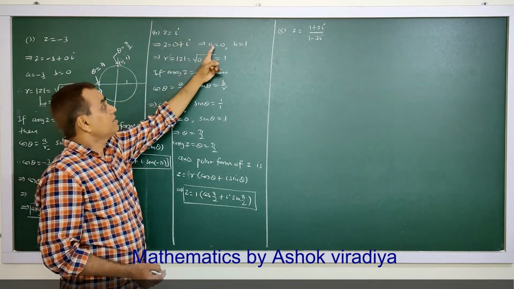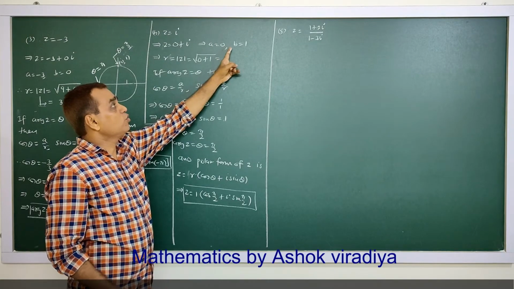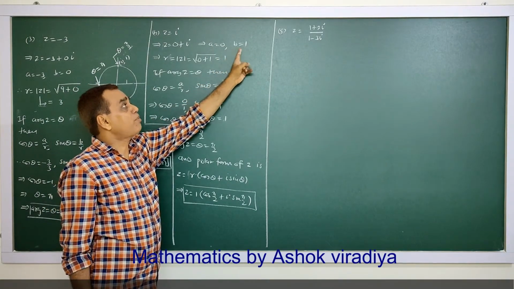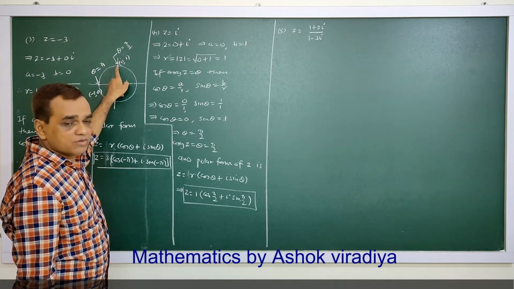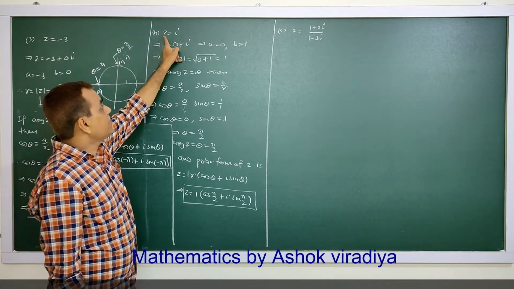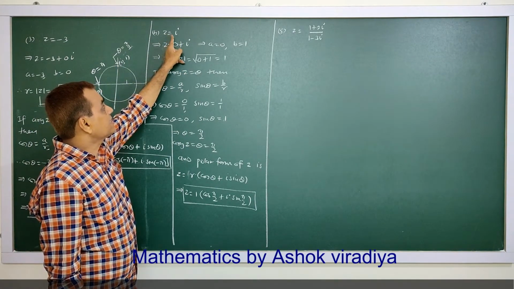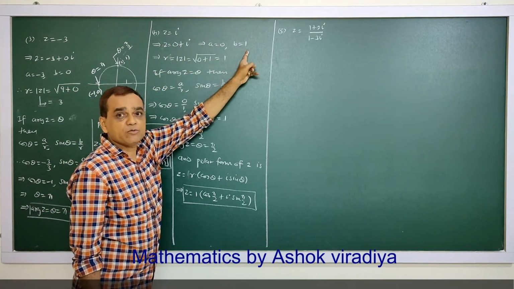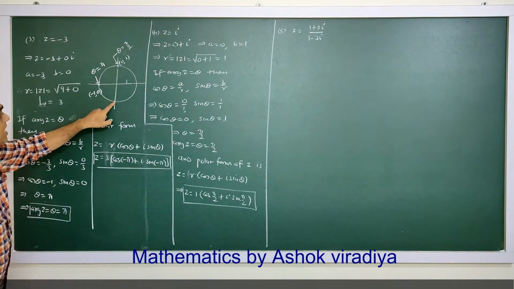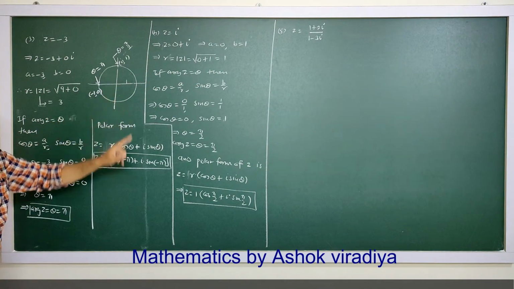If the real part is 0 and the imaginary part is any positive real, the argument will be pi by 2. And if z has a negative imaginary part, then the argument of z will be minus pi by 2.